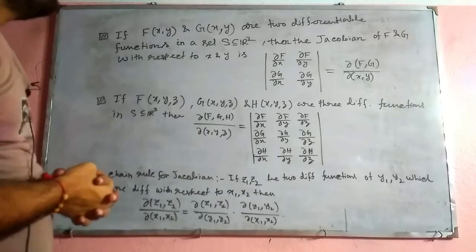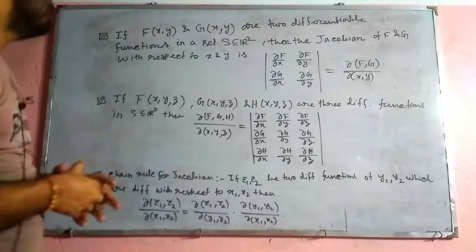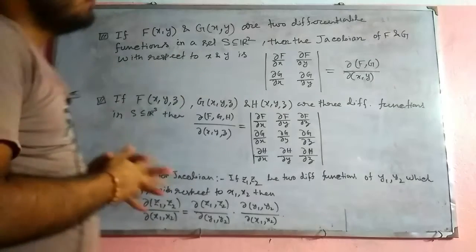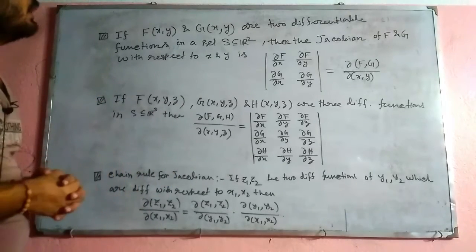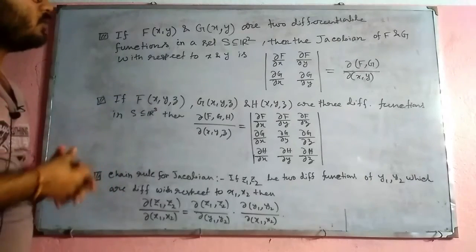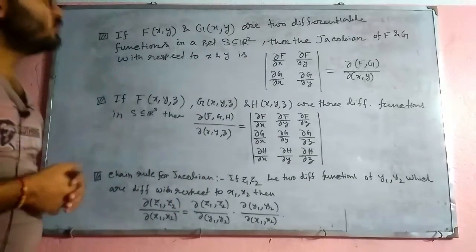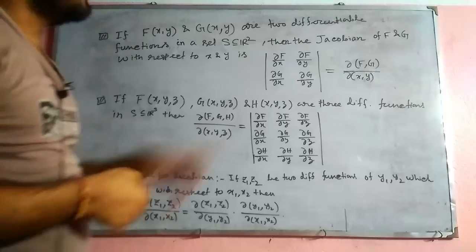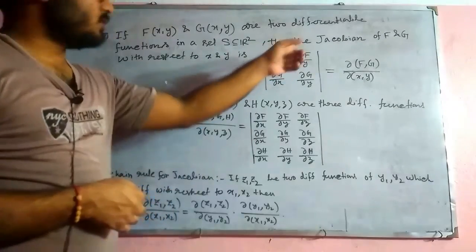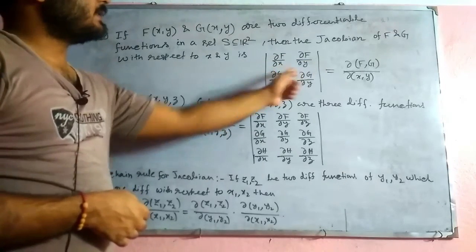Now our first definition is, if f(x,y) and g(x,y) are two differentiable functions in a non-empty set, a subset of R2, then the Jacobian of f and g with respect to x and y is the determinant of first row del f del x, del f del y, and second row del g del x, del g del y.